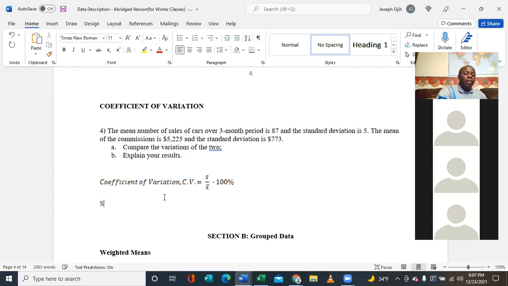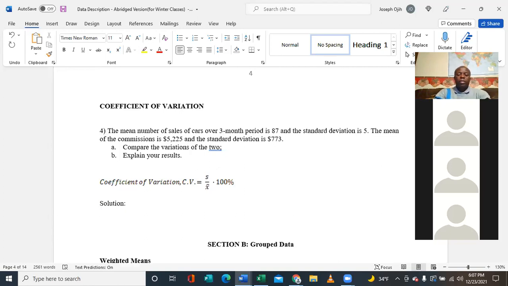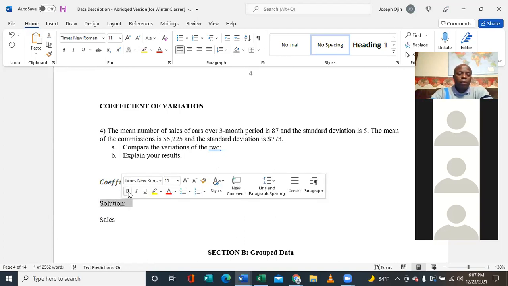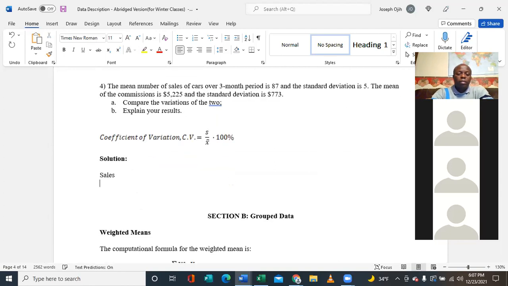Applying this formula, solution. You notice that the mean here is for sales. Let's start with sales first of all. For sales, the mean is 87, and the standard deviation is 5.